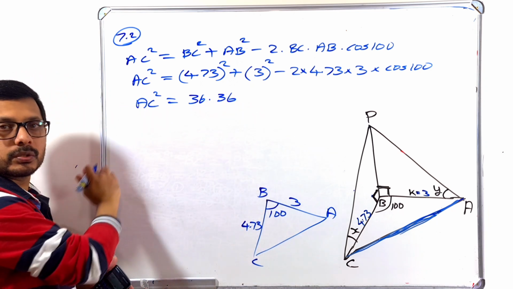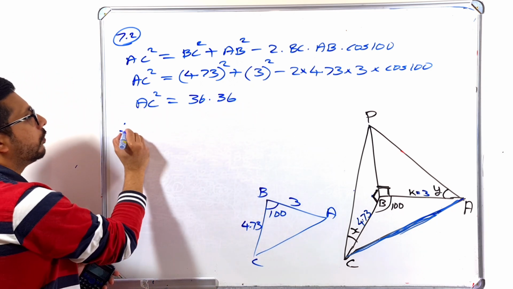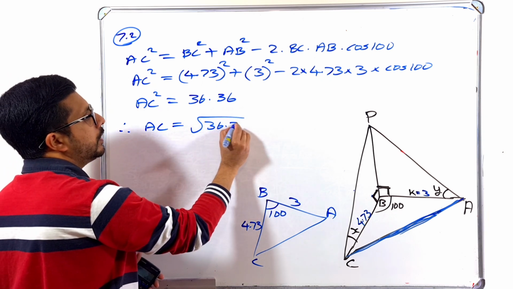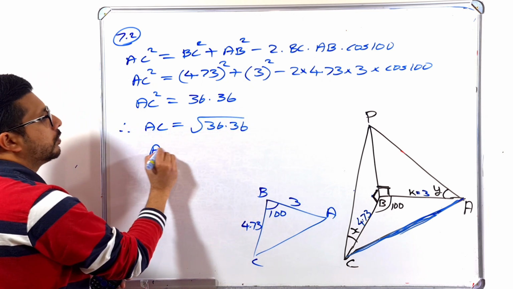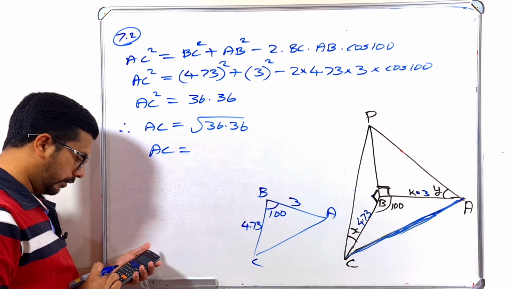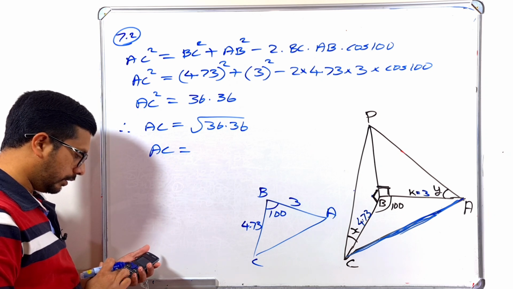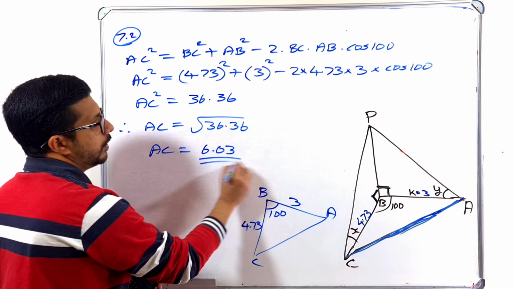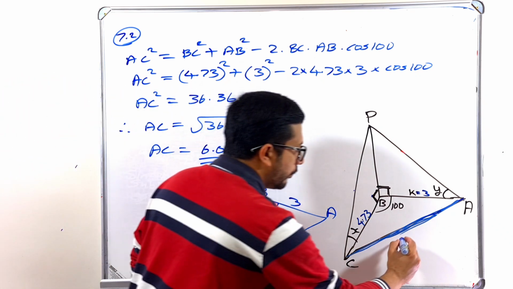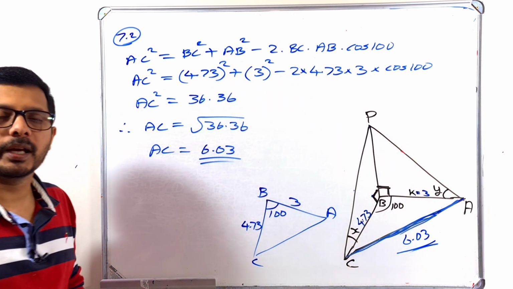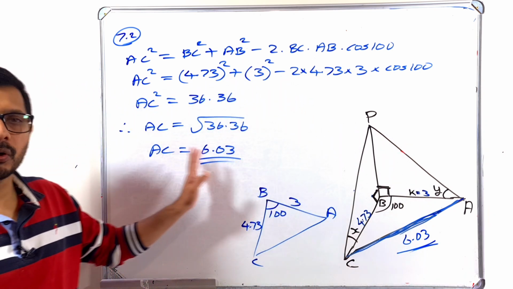So that is AC square. Therefore, what is AC? Square root of 36.36. So AC is equal to the square root of the answer, that is 6.03. So the length of AC is 6.03, and that is the question. You have to find the length of AC.